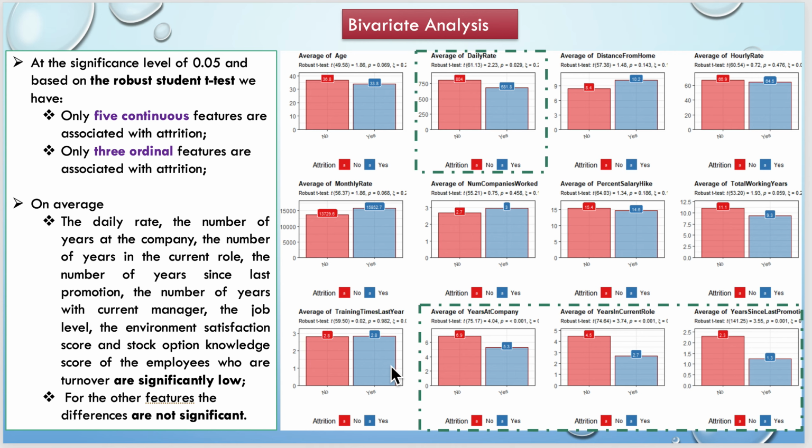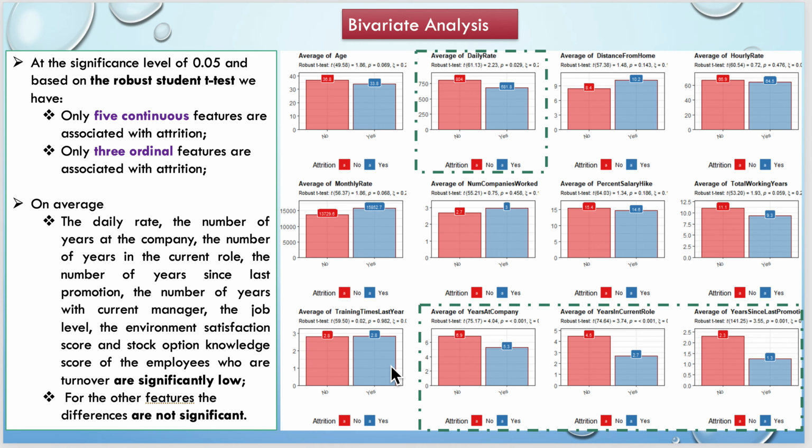For our analysis, I used a significance level of 5% with a robust Student's t-test. I found 5 continuous features and 3 ordinal features associated with attrition.